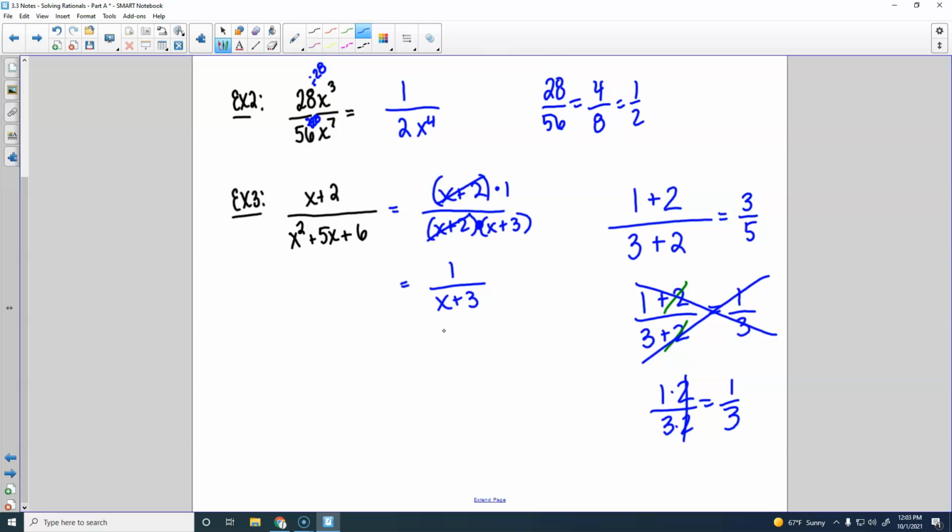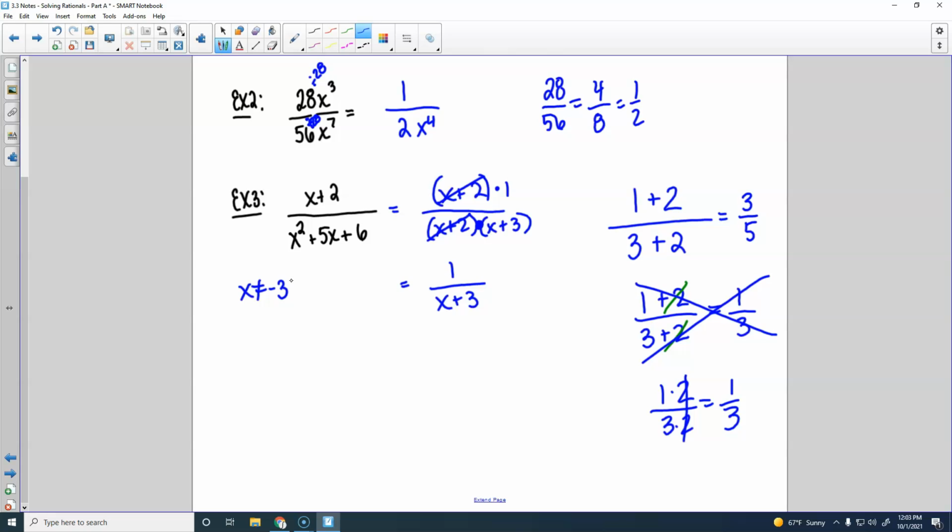Negative 3. Because 0 would be okay, because 0 plus 3 would give you 3. Right, at the end we can't have 0. But we can't have negative 3. So x cannot equal negative 3 here. Okay? So whenever I'm looking at this problem, this is what we'll call an excluded value. You cannot have negative 3. You cannot plug negative 3 into this expression.